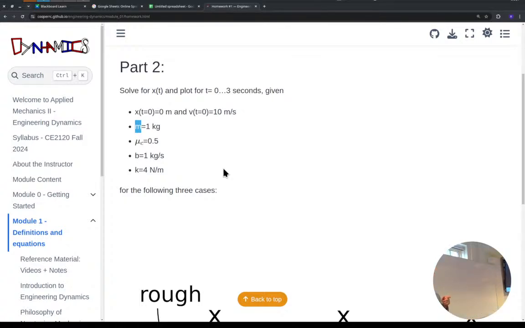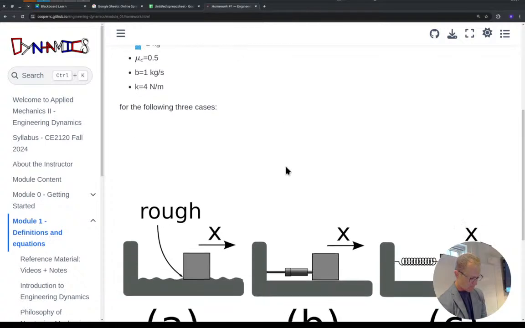If you don't have some kind of cutoff for when it stops moving, when friction's gone, then the solution is just a constant acceleration problem. And then also seeing some oscillation and some damping, and comparing those different types of forces. Cool.